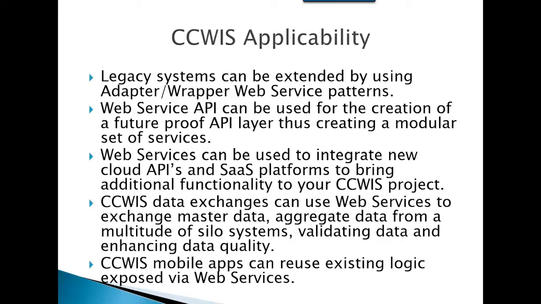Another applicability with CWIS is being able to create an API. Today we're migrating from one language to another, and we know this is going to happen again in the future. These systems only last for so long, and things change in the IT world and in the languages at a rapid pace.